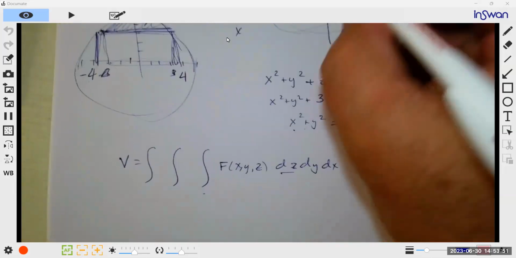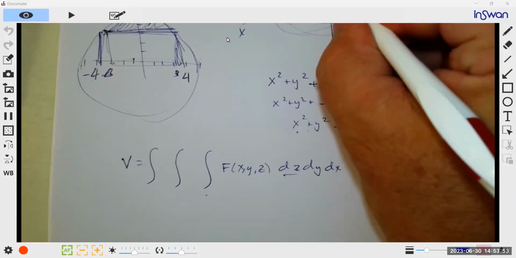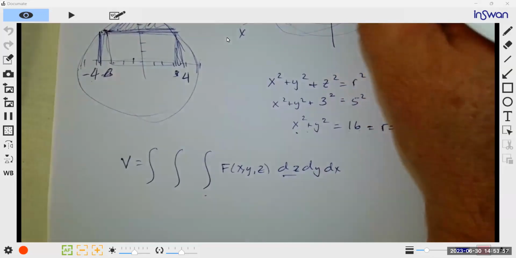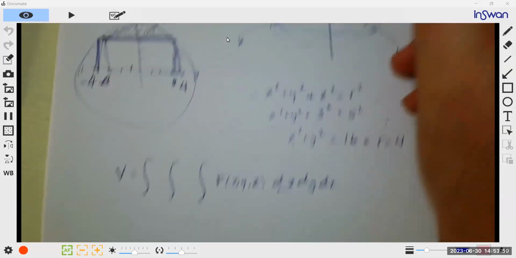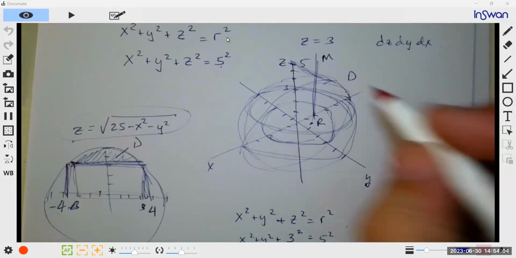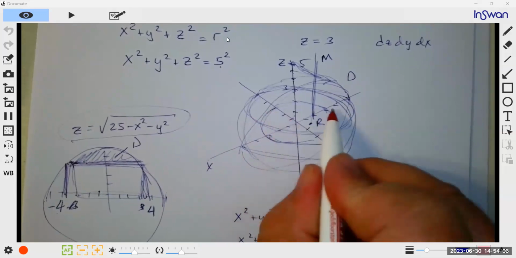If we drew a line from R straight up, parallel to the z-axis, this is our M. Where does it first touch the curve?